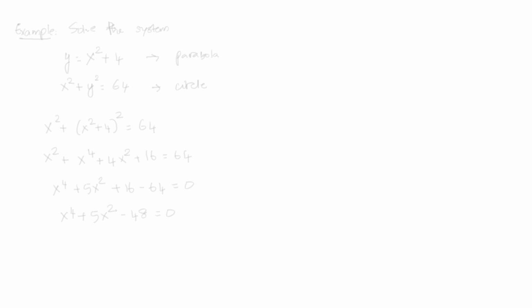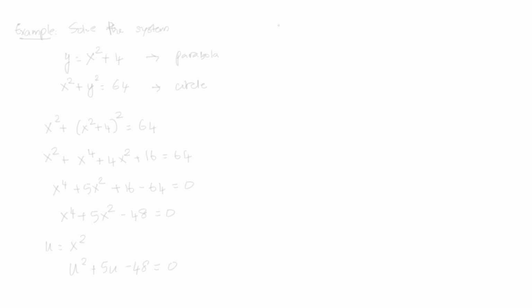Clearly this sort of looks like a quadratic equation, but it doesn't look like one because of the fourth power. So when we use a dummy variable, u is equal to x squared, we will see that the first term is u squared, the second term is 5u, minus 48. Now we have a quadratic equation.